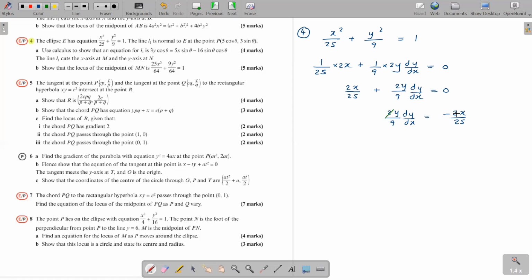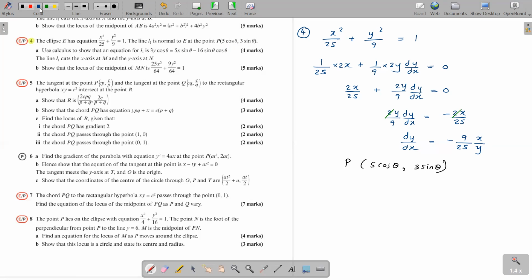I can cancel out the 2s and I end up getting dy by dx equals minus 9x over 25y. Is that correct? Then we need to substitute our point. What's our point? The point is (5 cos theta, 3 sin theta). Are you with me?